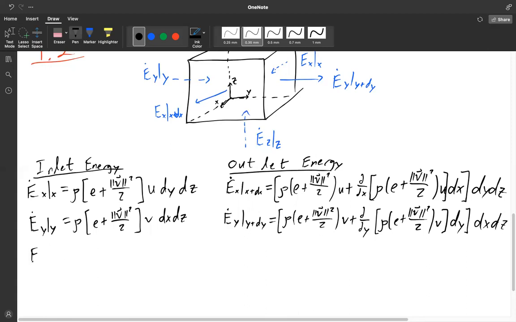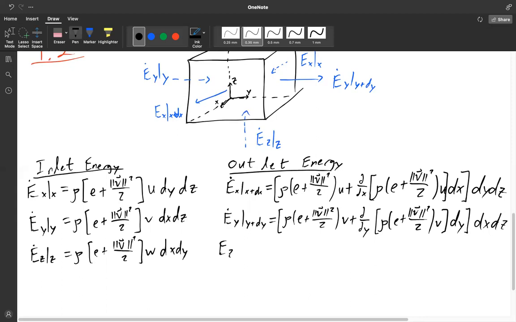Lastly, for the z direction, E dot z is rho times e plus velocity magnitude squared over 2 times W, dx dy.